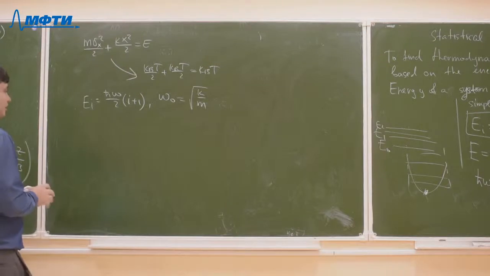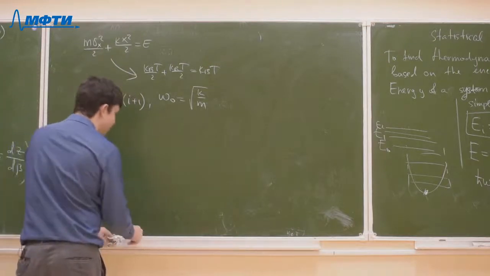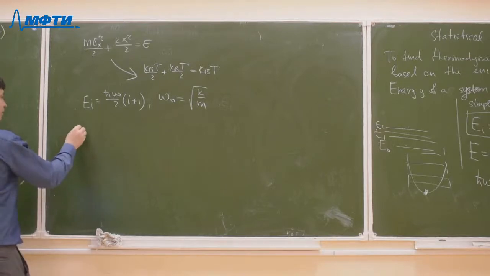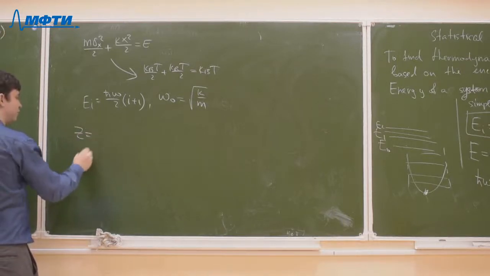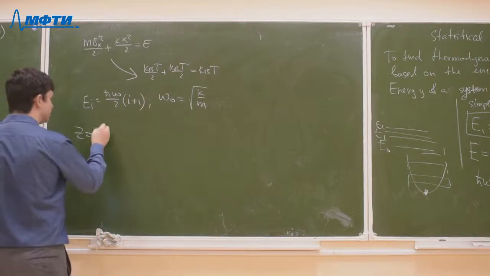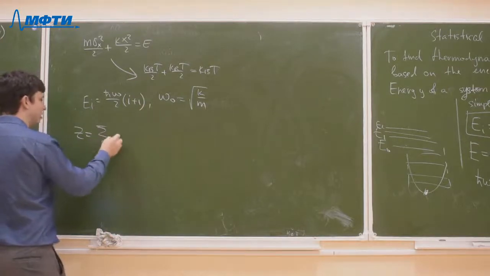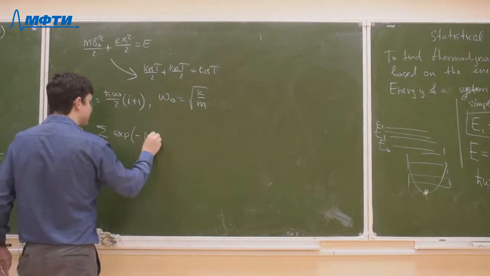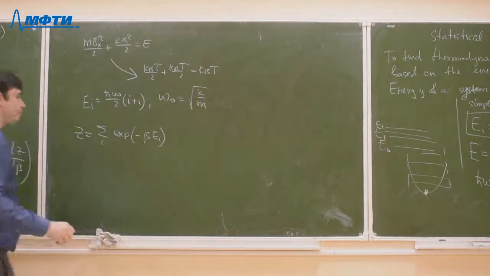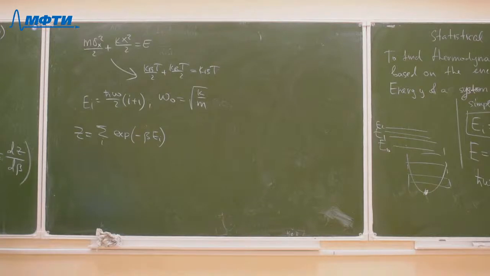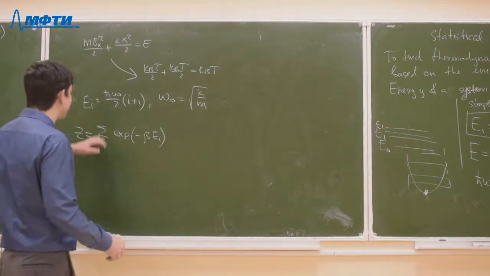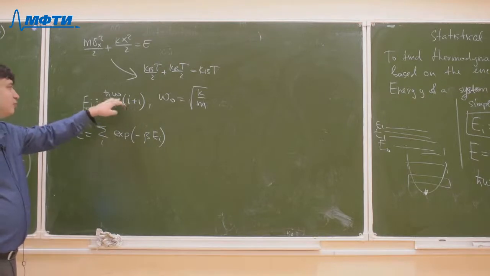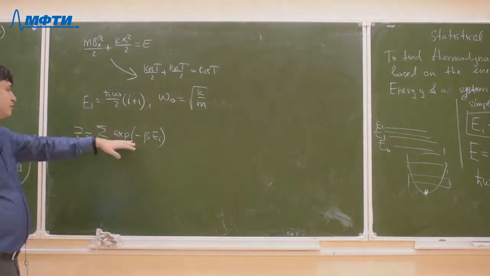Now let's calculate the partition function. The partition function by definition should be equal to the sum over i of exponent minus beta E_i. There is an additional constant term h-bar omega over 2 in each of these energies.